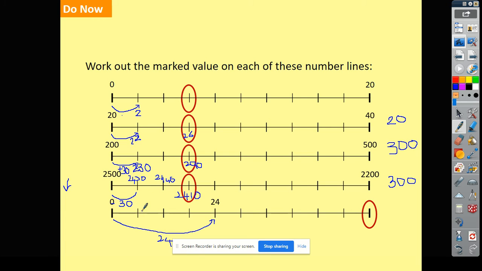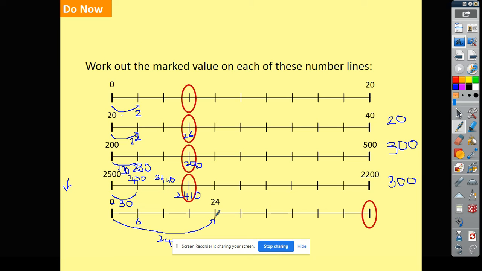Now this has been split into 1, 2, 3, 4 parts. Okay, so 24 divided by 4. Now you can halve your 24 to get 12, halve it again to get 6. So we know that each of these is going up by 6. So we've got 6, 12, 18, 24.